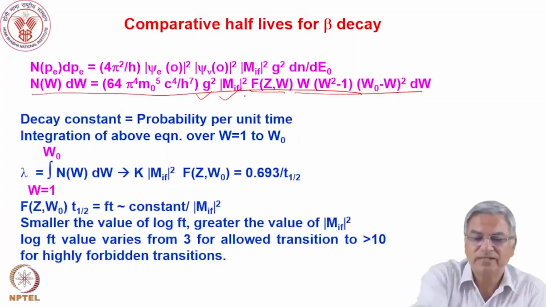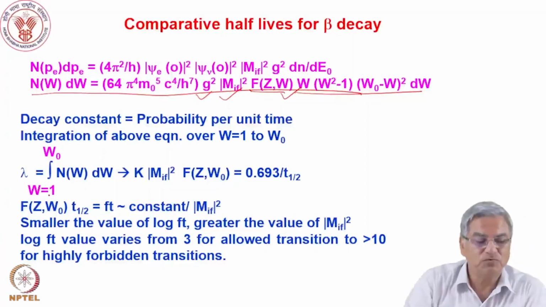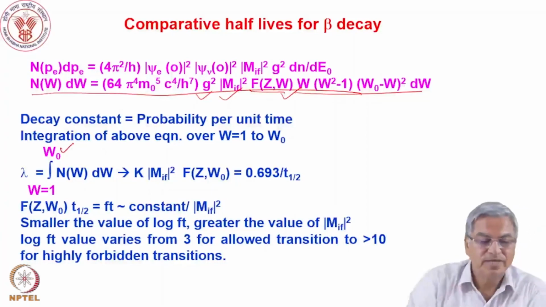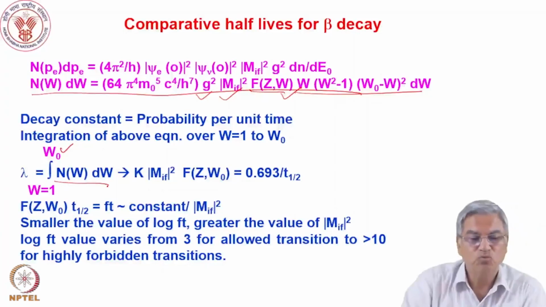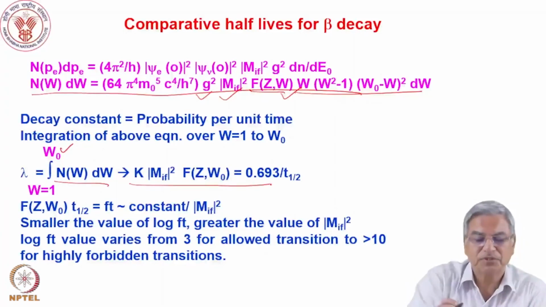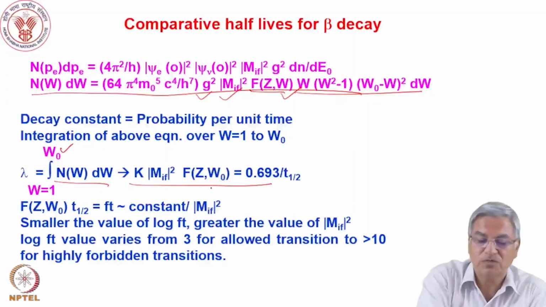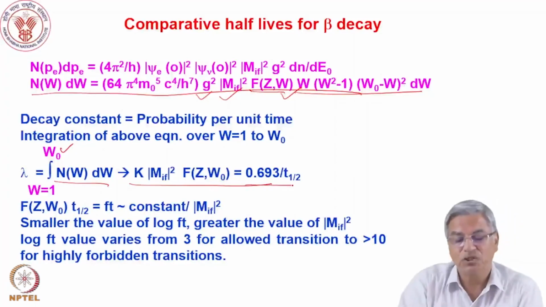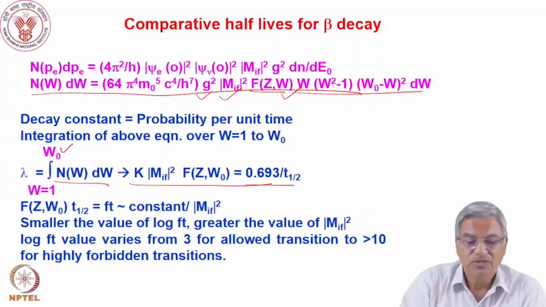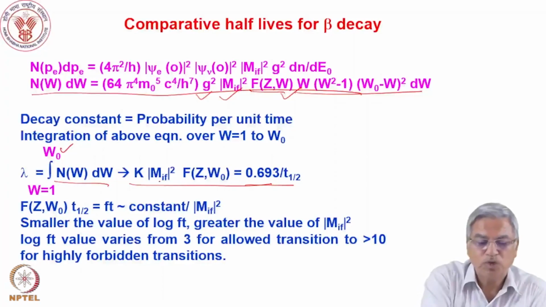If you integrate this equation from W equal to 1, that means energy from 0 to the highest energy, then you integrate this N(W) dW expression. The final expression, K a constant term, M_if square, the transition matrix square, F(Z, W0), and lambda you can write as 0.693 or ln2 upon T half. So T half into F is called Ft. It is very popularly called Ft.